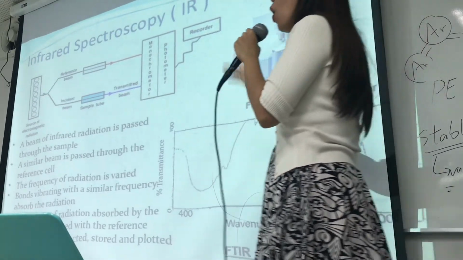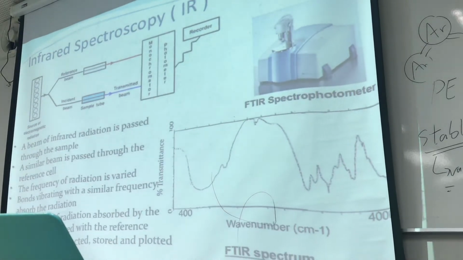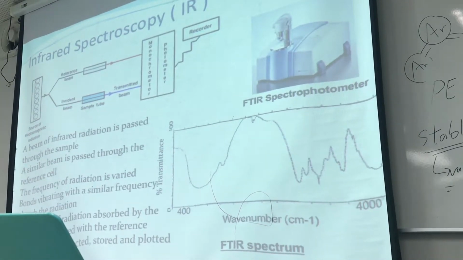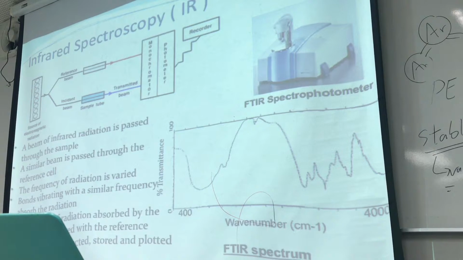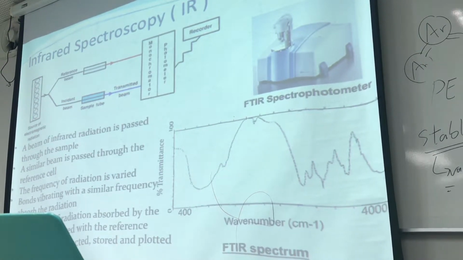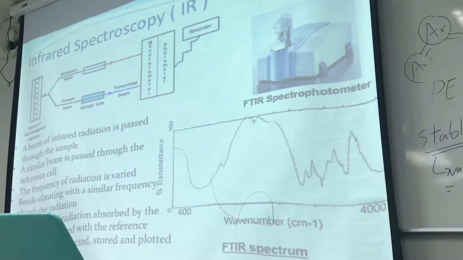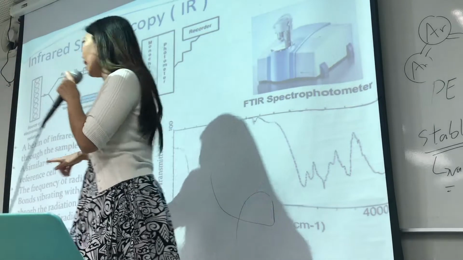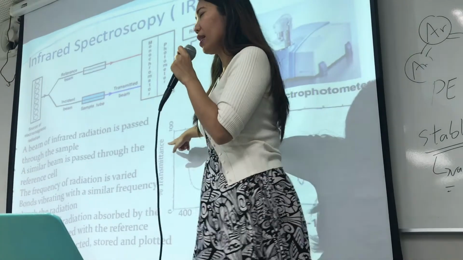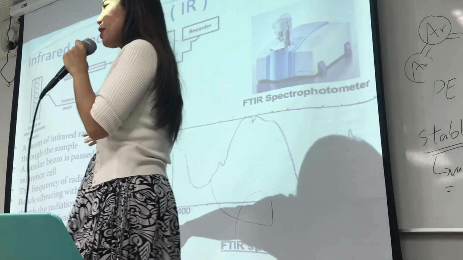When you shine the IR on your sample, actually IR is some kind of light, so I can call it light so that you feel comfortable with it. When you shine the light onto your sample, there will be certain transmission and certain absorption.